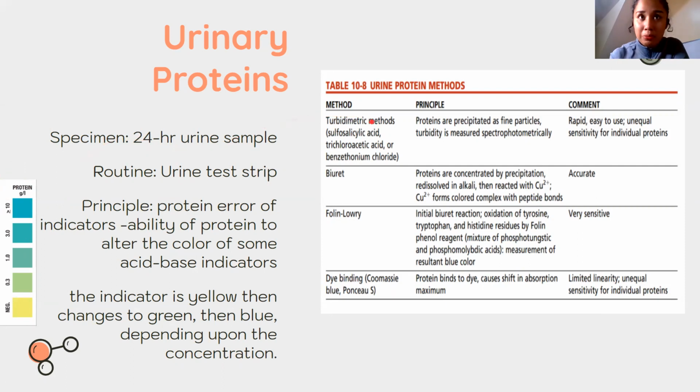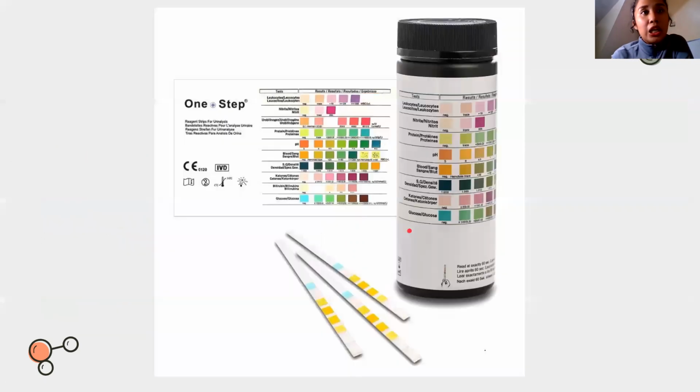Other urine protein methods are Biuret, Folin-Lowry, which uses a mixture of phosphotungstic and phosphomolybdic acids, dye-binding methods, and turbidimetric methods. Please go over these.